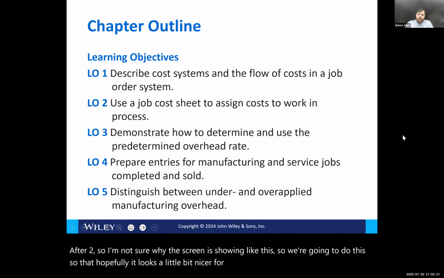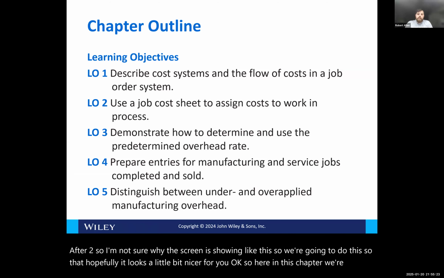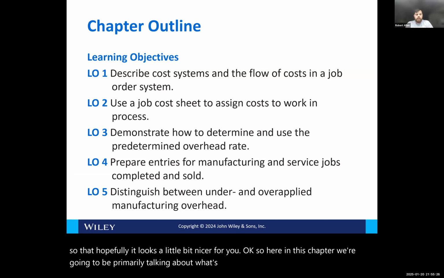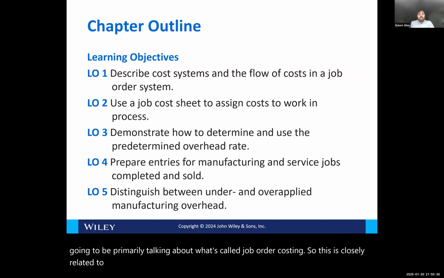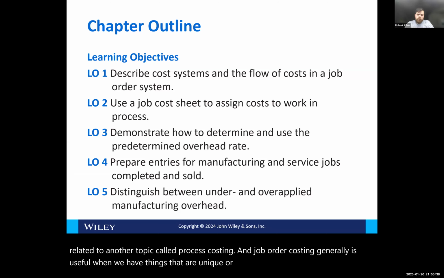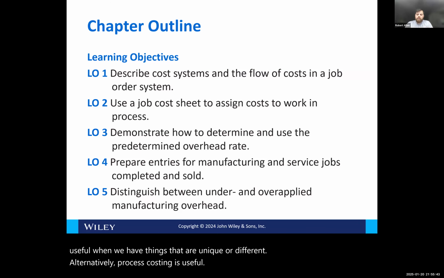Okay, so here in this chapter, we're going to be primarily talking about what's called job order costing. This is closely related to another topic called process costing. Job order costing generally is useful when we have things that are unique or different. Alternatively, process costing is useful when you have a bunch of units of something being made that are all basically the same.